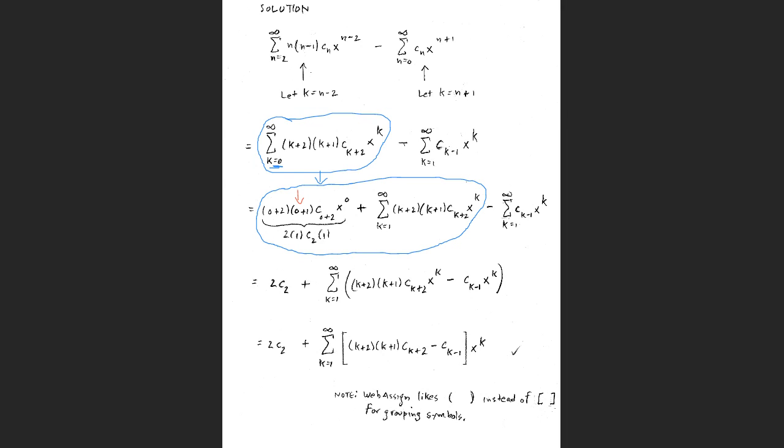For this term, I let k equal 0 and substitute k equals 0 everywhere the k is. And that's going to get me the term 2 times c2. But then the rest of the power series would be k equals 1 to infinity.